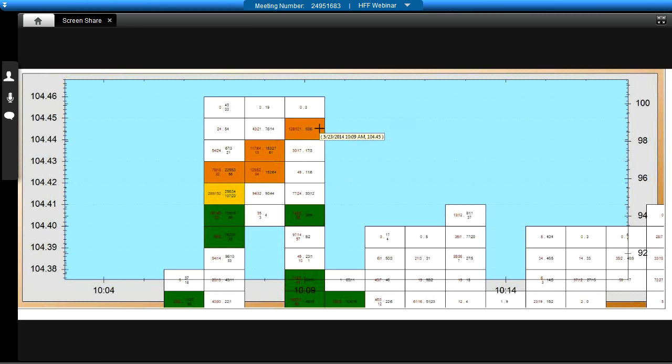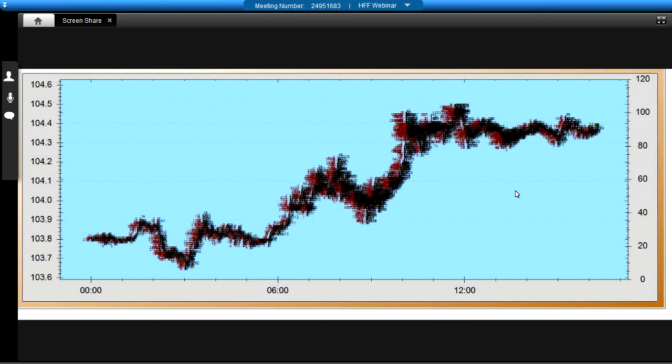So that was already at 104.45 more than an hour before, and as price gets only 5 ticks above this high replenishment area, there is still resistance in the order flow. So that tells you that someone is really taking it seriously to load up on a short, if you will.